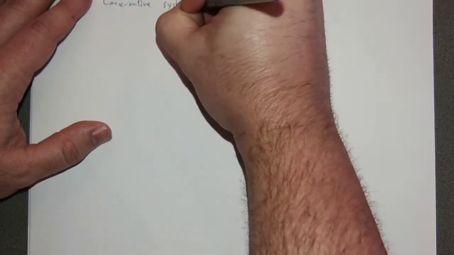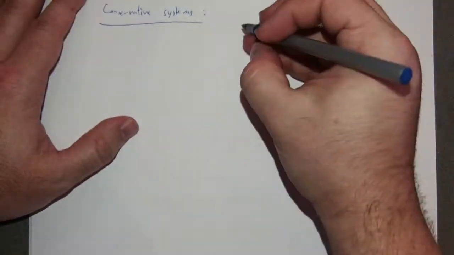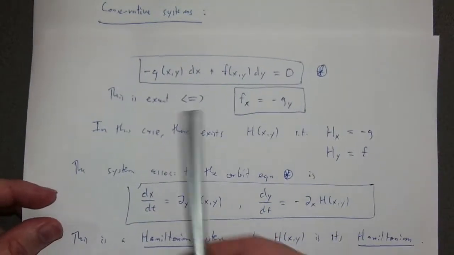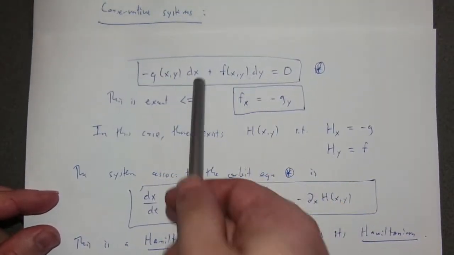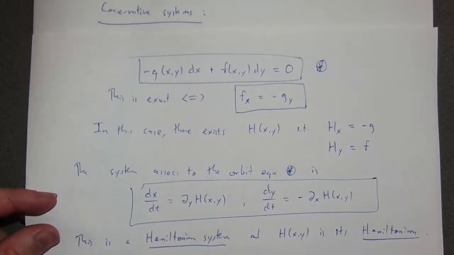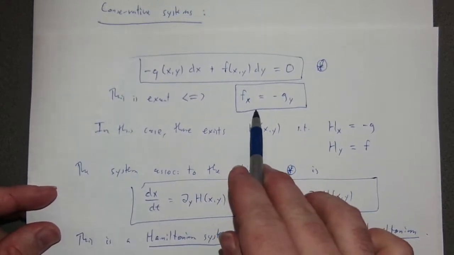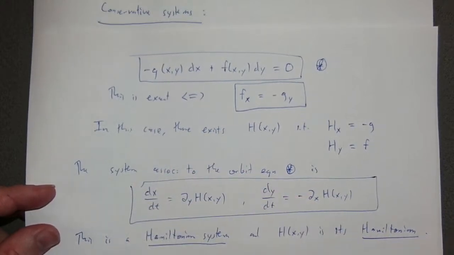Now, more generally, there are conservative systems. So let's say that I have an orbit equation of the following form. Now, as we've already seen, an orbit equation is an equation that looks like this. Things like this do not always have a clean solution in the method that we've done. In fact, this exactness condition is key. Say that exactness isn't satisfied. What do I do then?